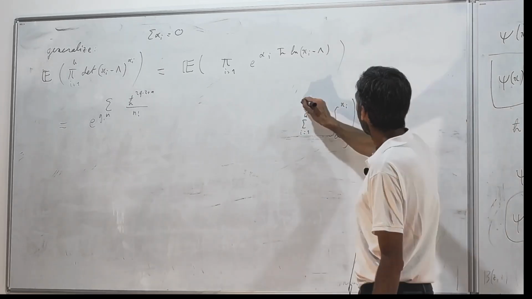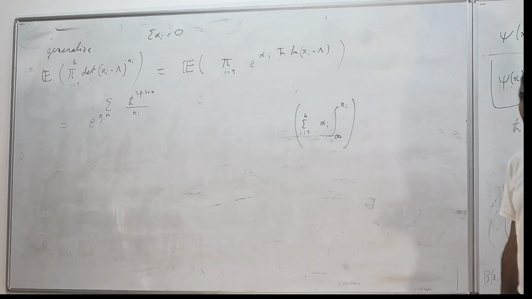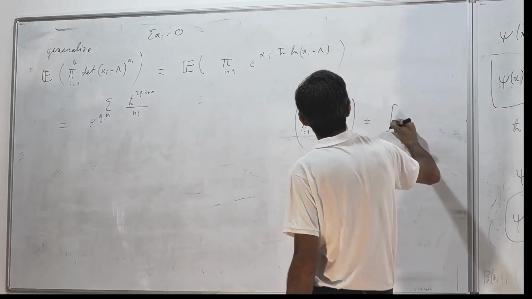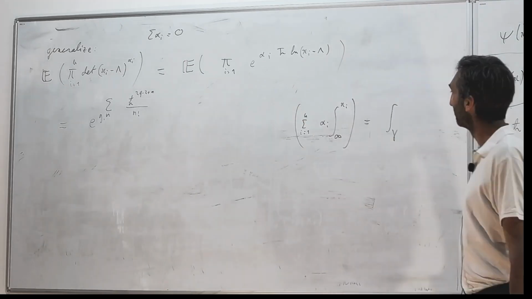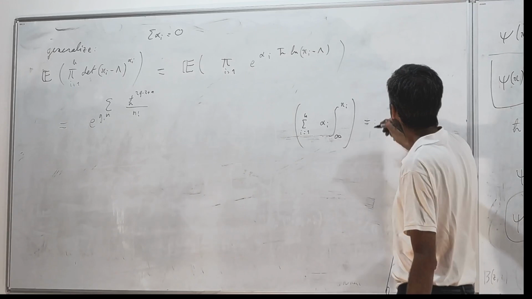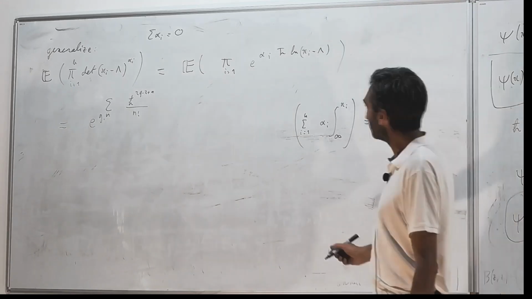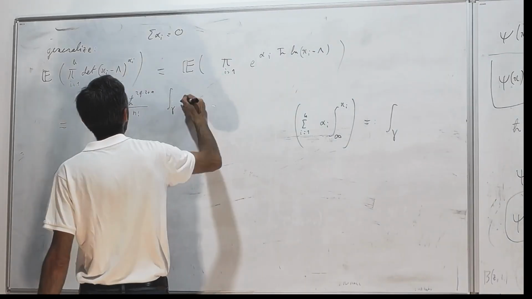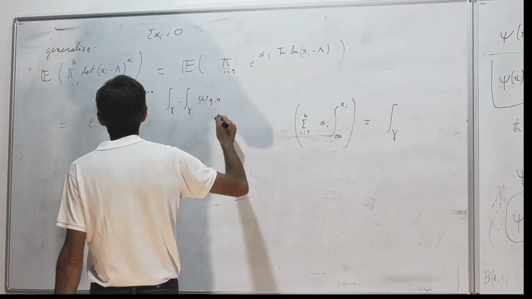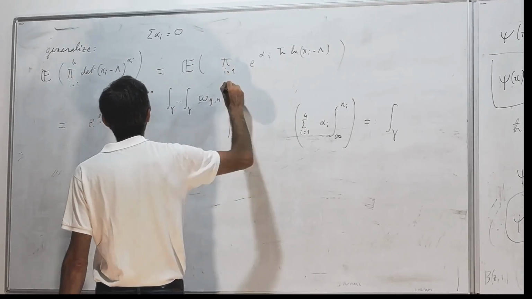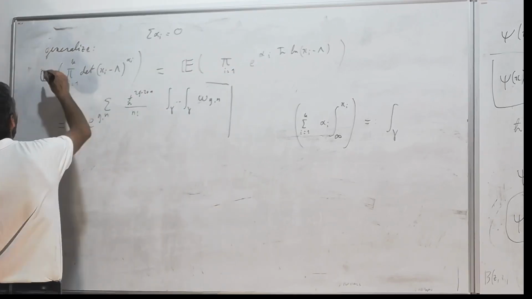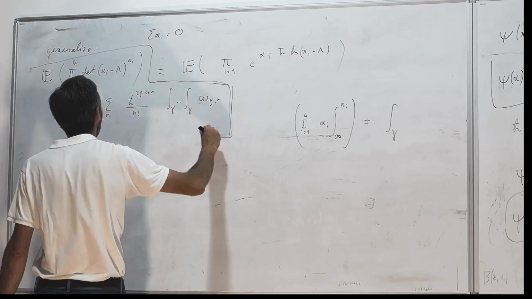It is a linear operator that acts on forms, and let me call it the integral over gamma. That's a definition. So this is the final formula that works for matrix models.